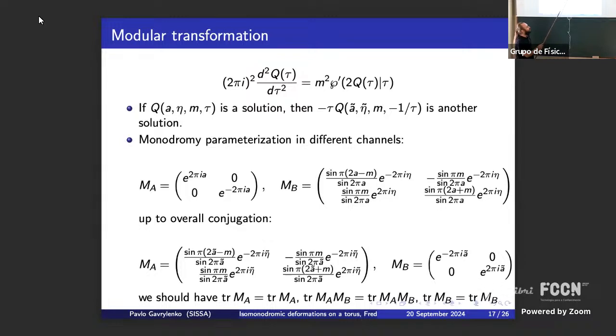So we should multiply it by tau and take the argument minus 1 over tau. But it's actually a symmetry of the equation itself. So you can have a derivative on tau, then become derivative on minus 1 over tau. But since Q is multiplied by tau, all the terms cancel.